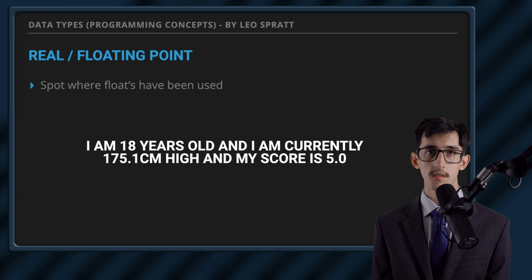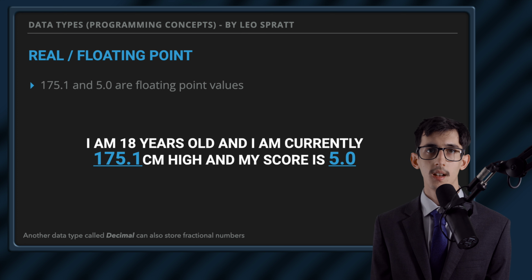Taking a look at the similar example as before, can you spot where a float has been used? I am 18 years old and I'm currently 175.1 centimeters high and my score is 5.0. If you spotted 5.0 and 175.1, you would be correct.